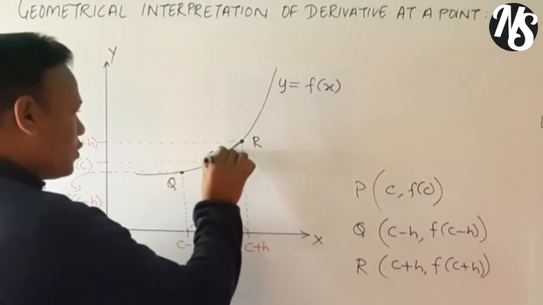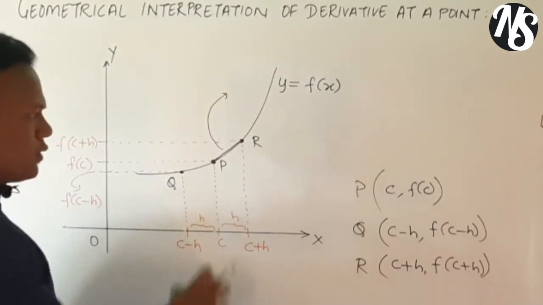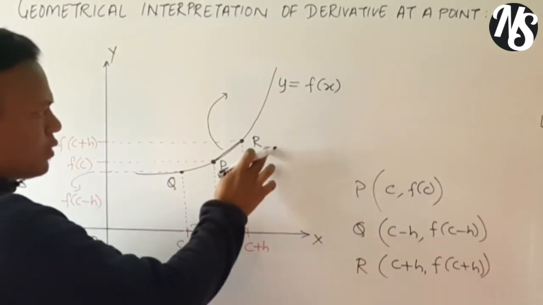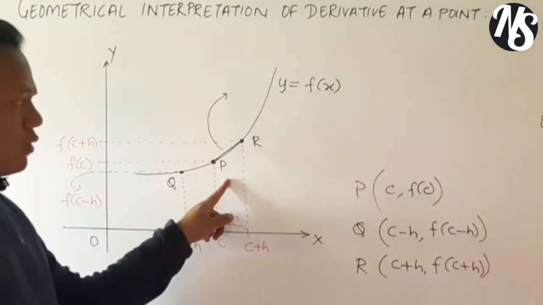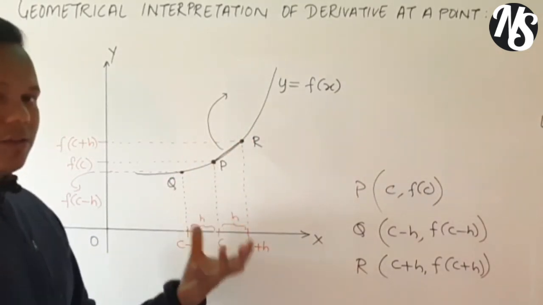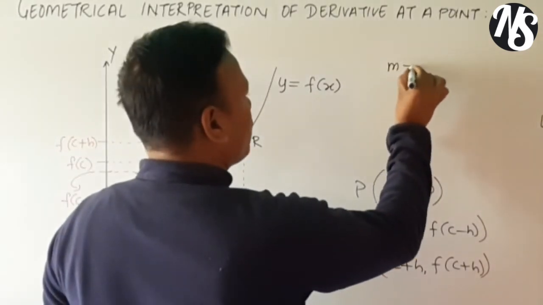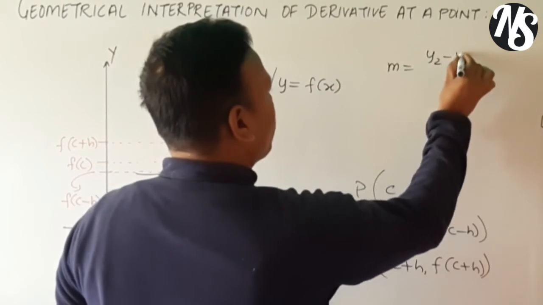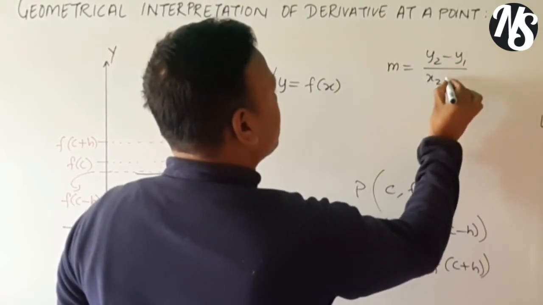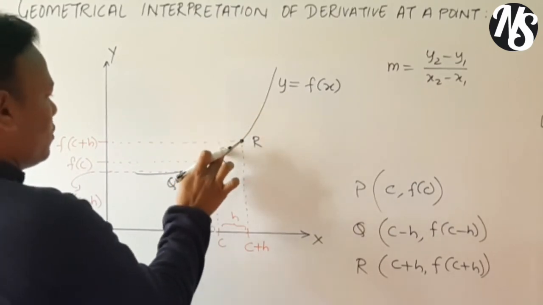If I ask you what is the slope of this, you have got the coordinates of this, you have got x1 y1, you have got x2 y2, so you have to find the slope using the formula. Slope equals y2 minus y1 divided by x2 minus x1, isn't it?